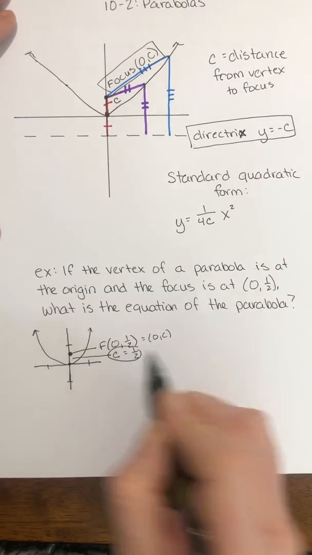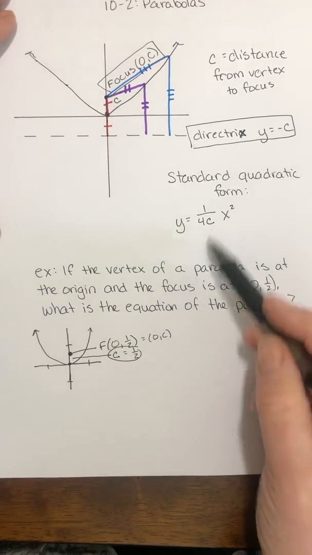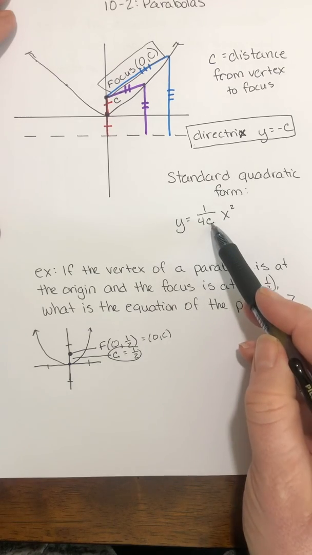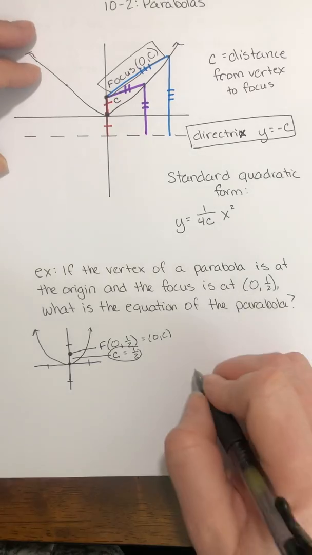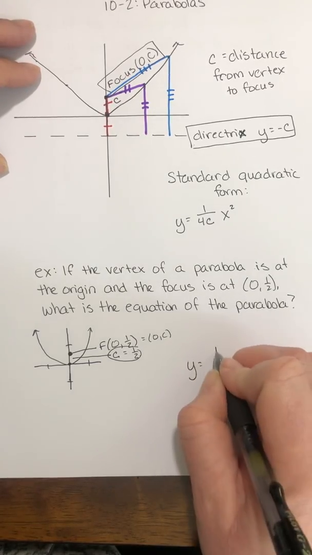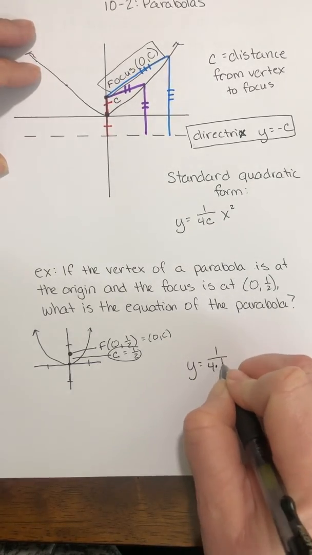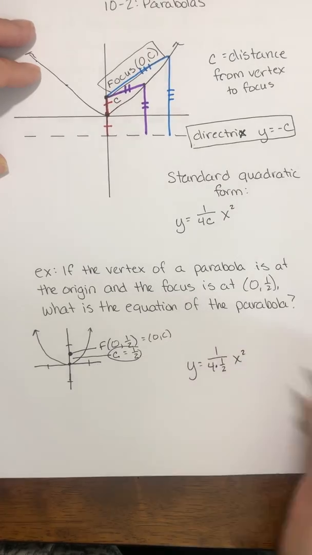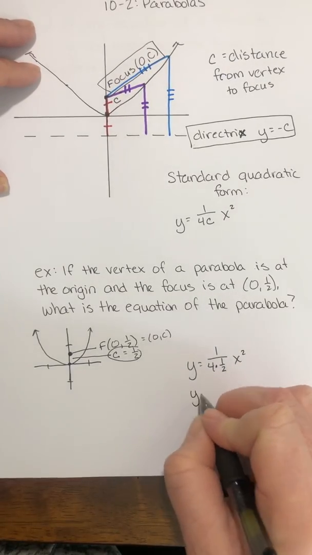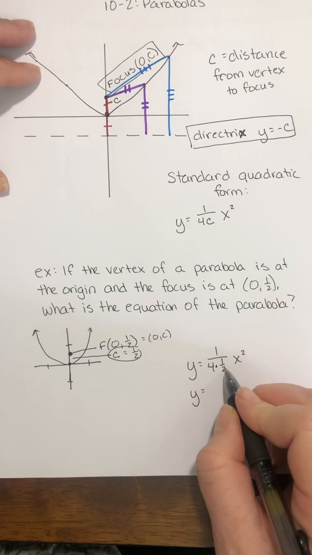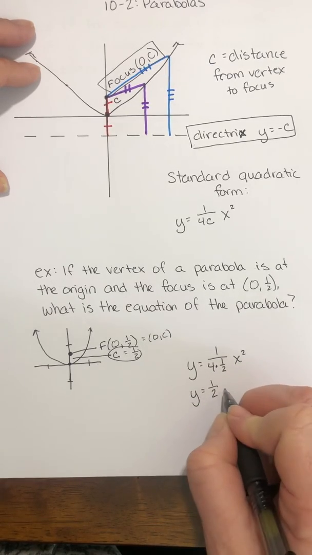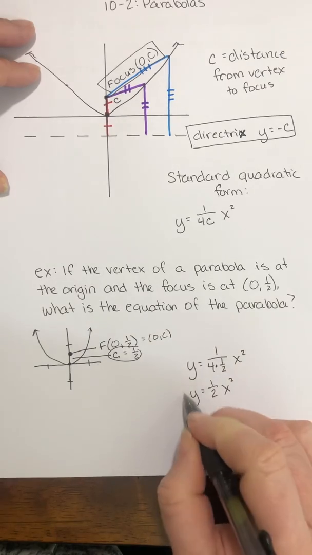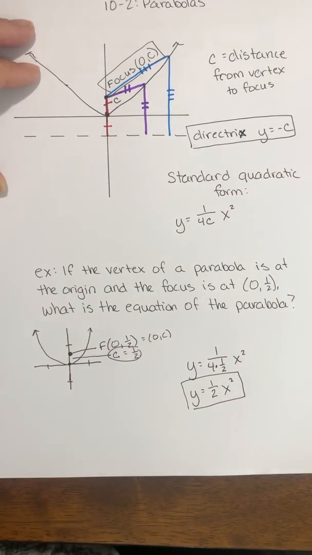And that's important for writing the equation because now you can put 1/2 in for C and simplify. That's the equation of your parabola. So y is going to equal 1 over 4 times 1/2 times x squared. And that's going to simplify. 4 times 1/2 is 2. So this is going to be y equals 1/2 x squared for the equation of that parabola.